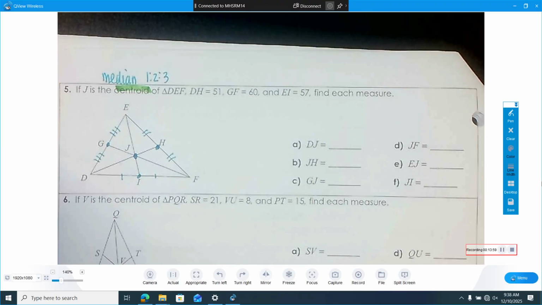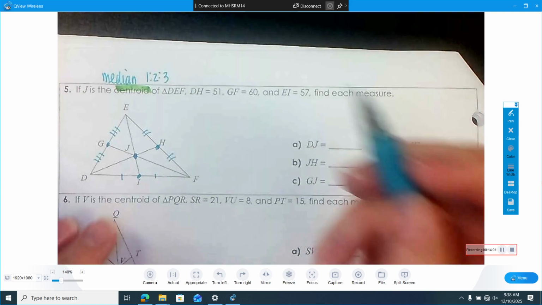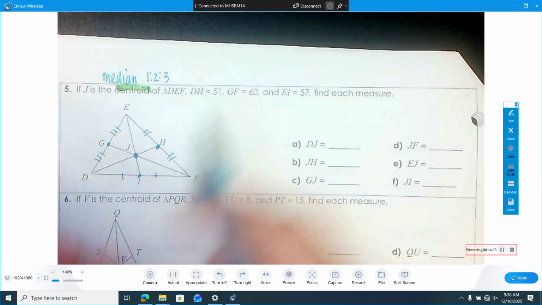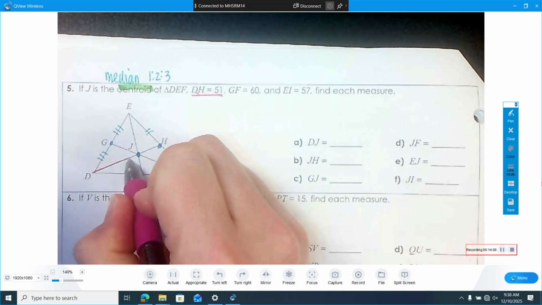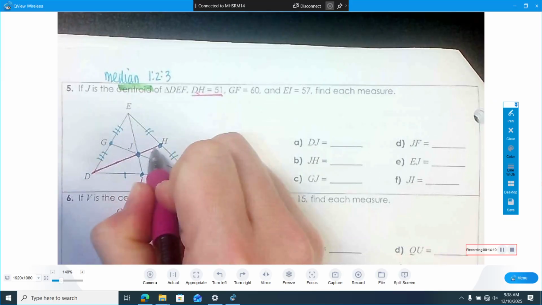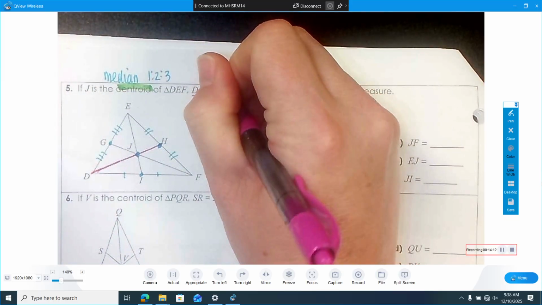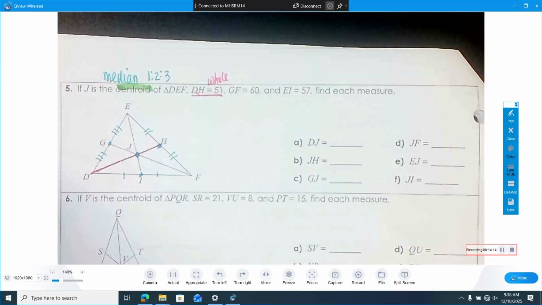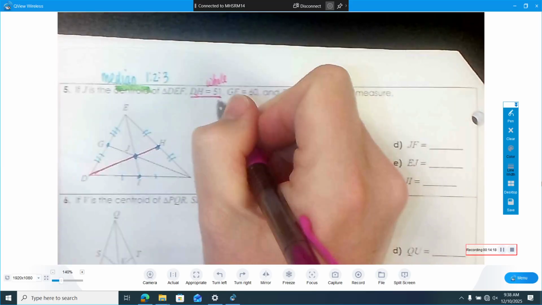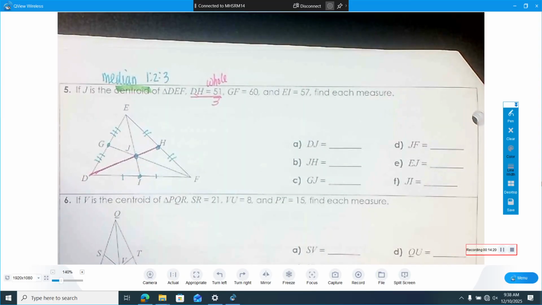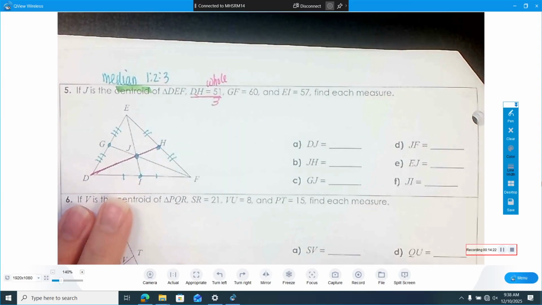Okay? So, with that in mind, DH. DH is this entire median. The whole thing is 51. What can I do with that info? Divide by 3. All right, if I divide 51 by 3, what do I get? 17.